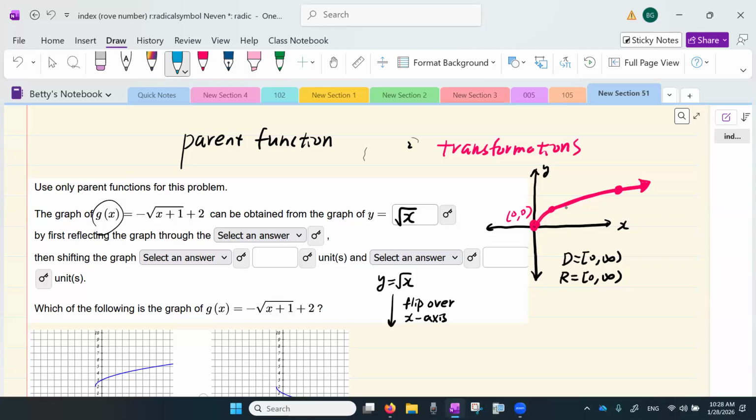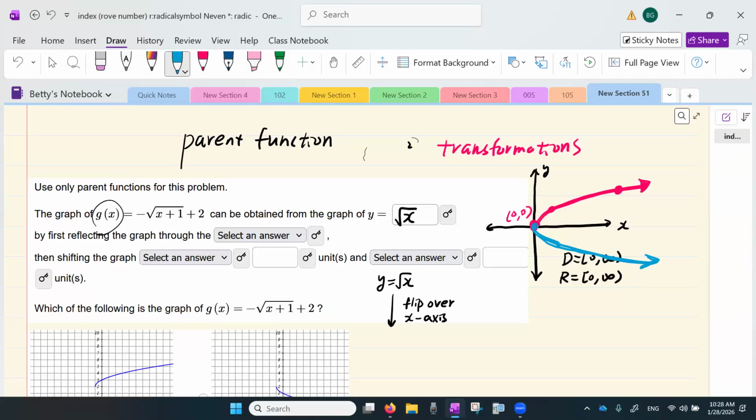The red curve is the parent function, right? If we flip it over the x-axis, we would have this blue curve, correct? Yeah. And that is graphically. If you flip the graph over the x-axis, that's the mirror, right? X-axis is the mirror. Then you have the blue curve.